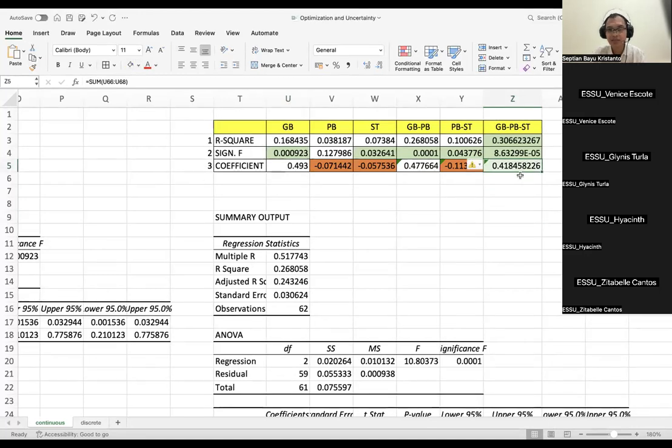Why is this the best option? Because it is still in profit, 41%. I know it's below the combination of government bond and private bonds, and also the government bonds only. But the significance of F is very low. So it means it has more effect, or a greater magnitude that could generate some income from your investment.